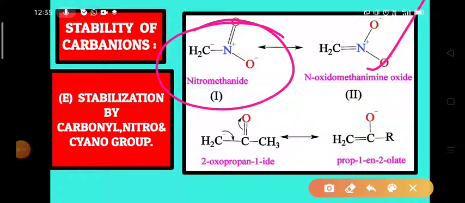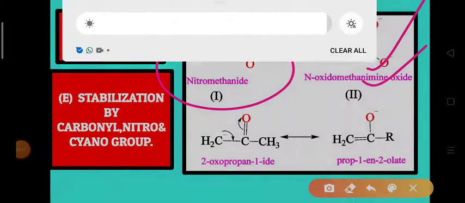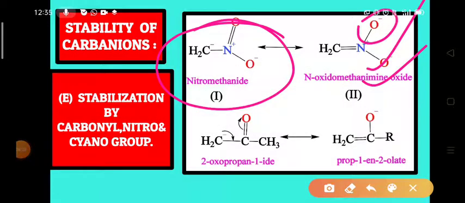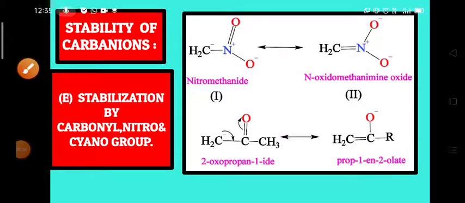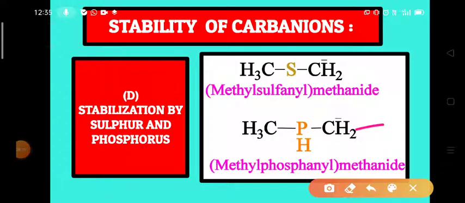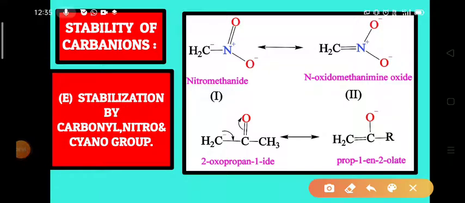Here this structure 2 is more stable than structure 1, nitromethanide. Why? Because in structure 2, the negative charge is present on the more electronegative atoms. As a result, structure 2 is more stable than structure 1.